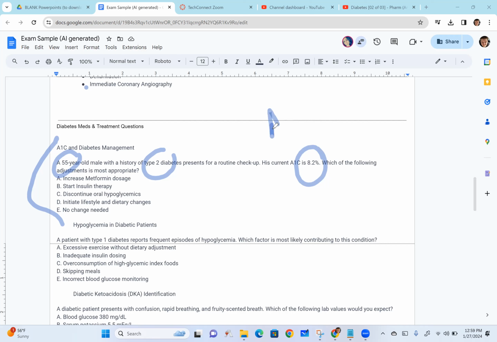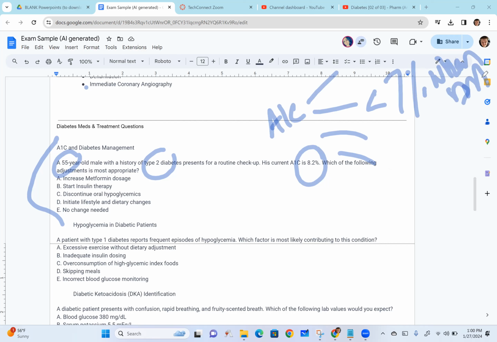So A1C, what are the things for A1C? That's 7% when diabetic, right? If they have diabetes, you want your A1C less than 7, right? But what else about A1C?